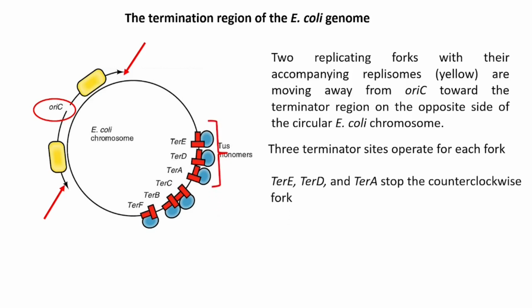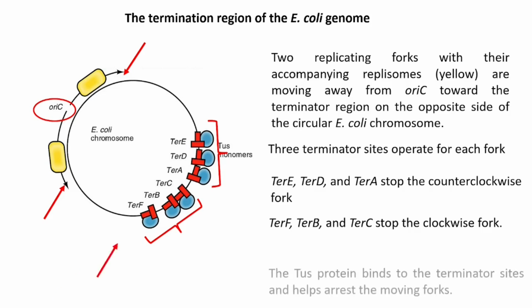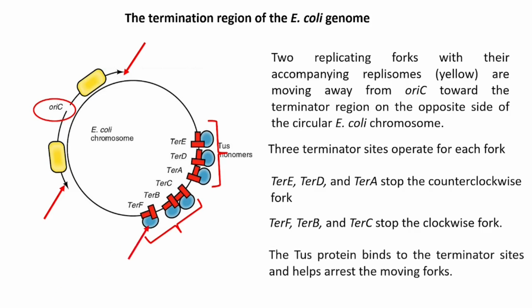Ter E, ter D and ter A stop the counterclockwise fork, whereas ter F, ter B and ter C stop the clockwise fork. The TUS protein binds to the terminator sites and helps arrest the moving forks.